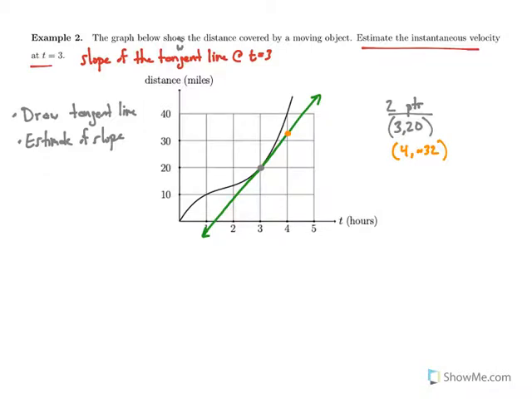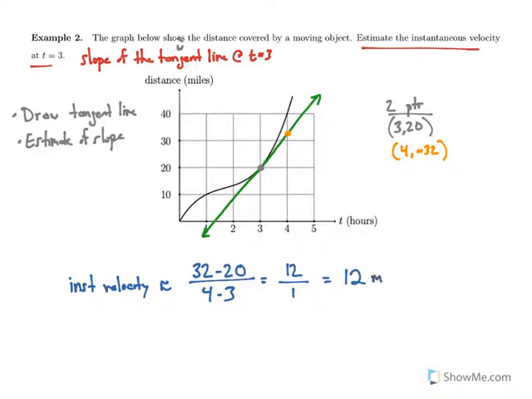So the slope of this line, the instantaneous velocity, is going to be about 32 minus 20 over 4 minus 3, or in this case, 12 over 1. So 12, and this is going to be miles per hour based on the units that we are given.